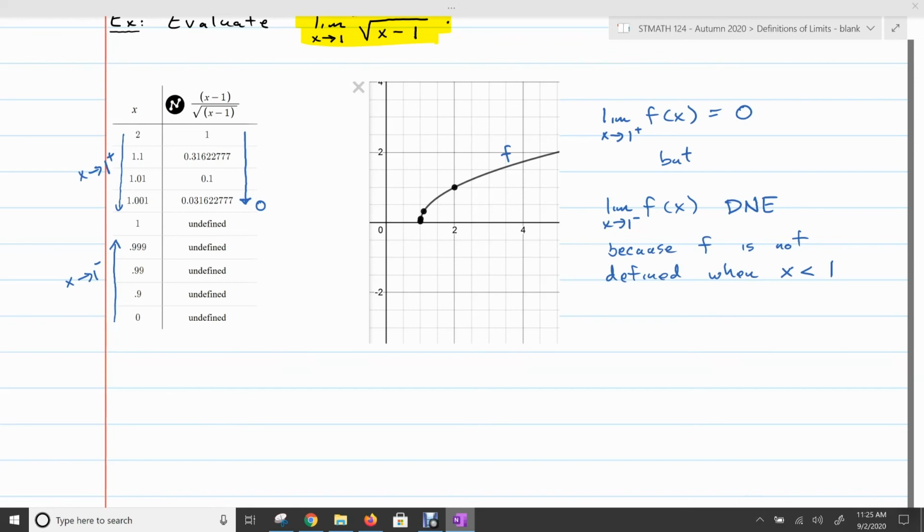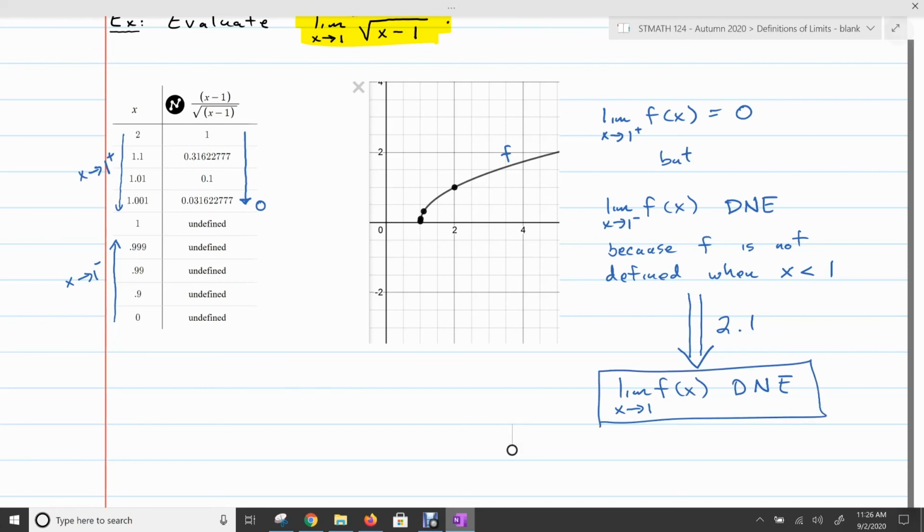And because of theorem 2.1 that we talked about earlier, if one of the one-sided limits does not exist, then the two-sided limit doesn't exist. So by theorem 2.1, the limit as x approaches 1, the two-sided limit, just does not exist. We need both the left-hand limit and the right-hand limit to exist and be equal. So that limit does not exist.